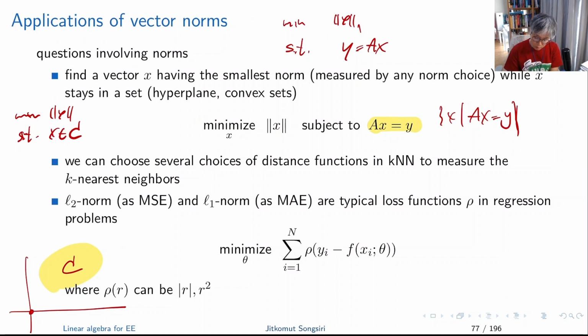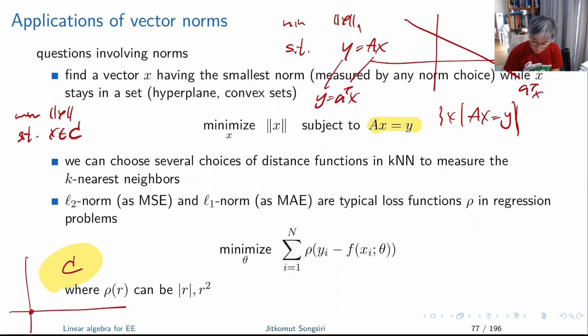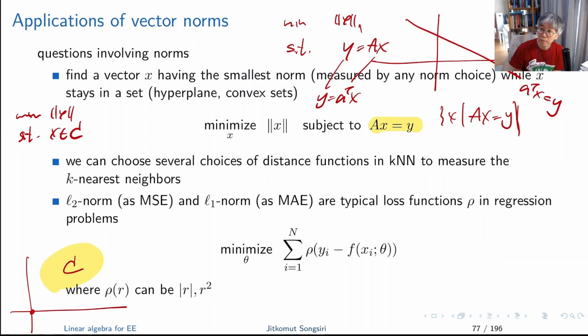So y equals Ax reduces to just one hyperplane. It's going to be something like this: a transpose x equals y, and any point that lies on this hyperplane satisfies this condition.